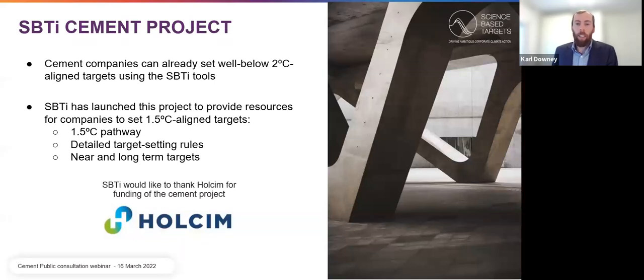The idea of launching this project was to provide the resources for those companies to set 1.5 degree aligned targets. So to do this, we needed to develop a 1.5 degree pathway for cement. And we also wanted to develop more detailed target setting rules and guidance so companies understand what they need to do, and that these rules and guidance will cover both near-term targets and long-term targets.